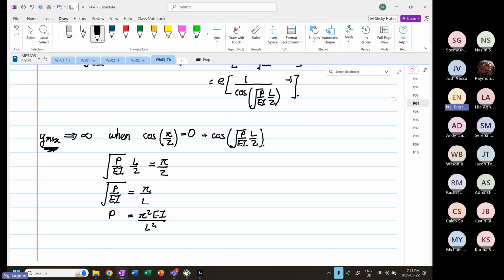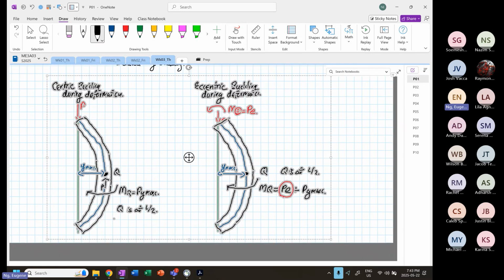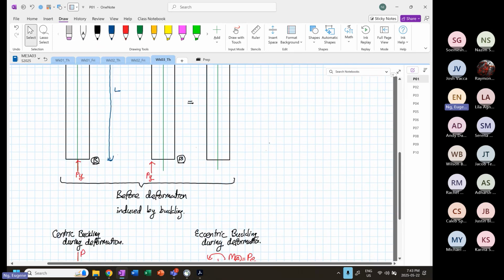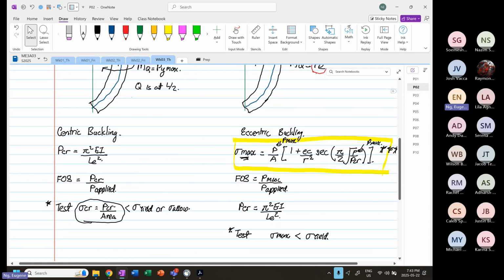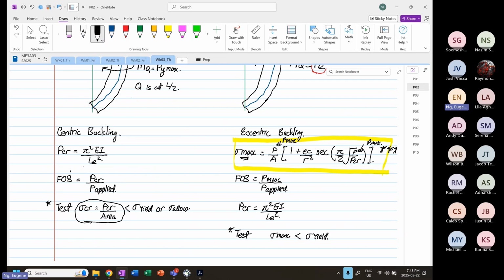And you have seen this. This is familiar, right? This expression over here is the same. So pi squared EI over L squared. This expression is also seen, like what I told you, the similarity between centric load and eccentric load is pi squared EI over L squared. So that is the common thing.